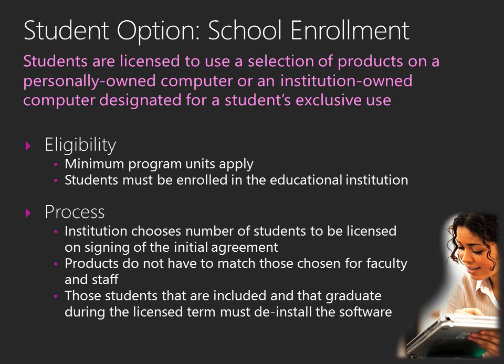There are minimum programme units that do apply, and again, these vary by region. And the students must be enrolled in the educational institution. So what happens here is the institution chooses the number of students that they want to be licensed. They choose the products that they want to license them with, but note that these do not have to match those chosen for faculty and staff.